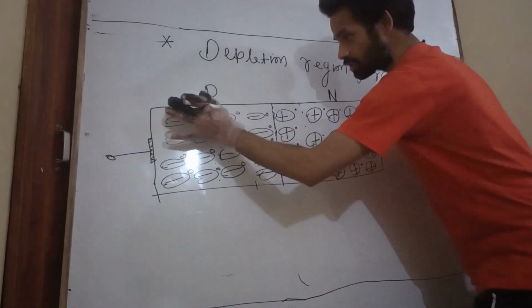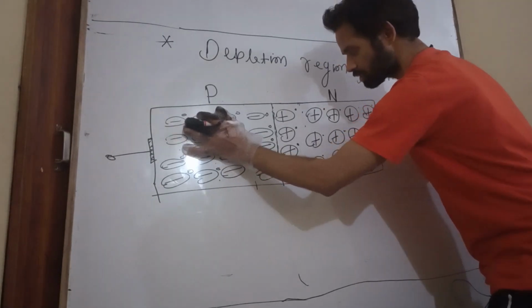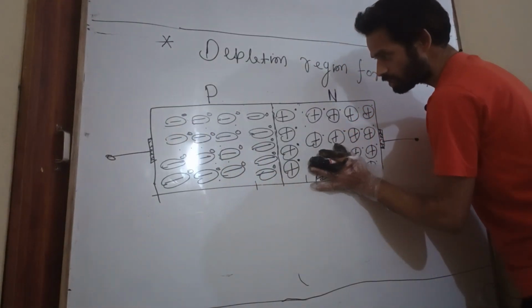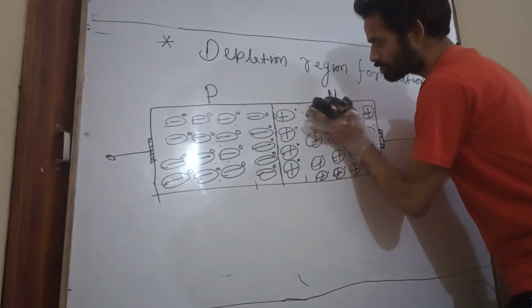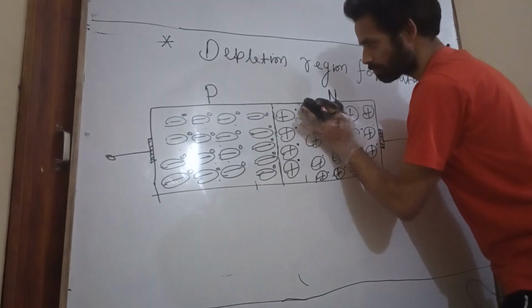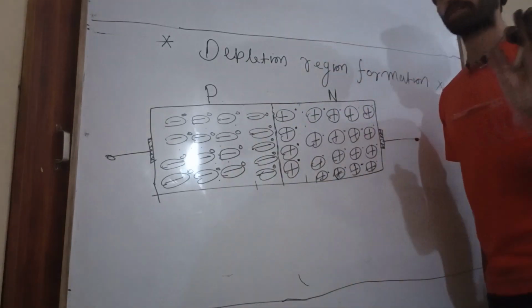Now these holes will start migrating from the P region into the N region through this junction. Similarly, the majority charge carrier electrons will start migrating from the N region to the P region through this junction.